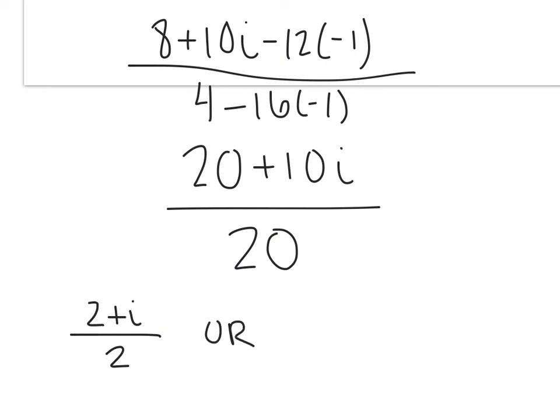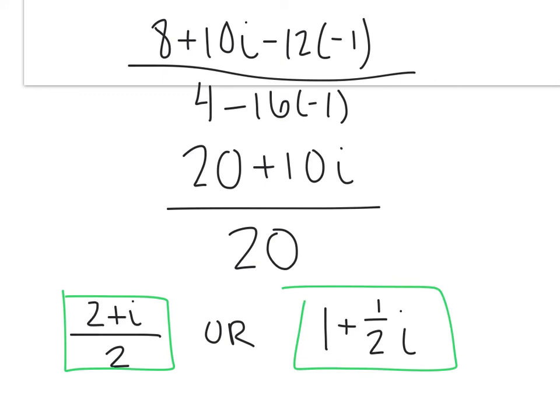Or 20 divided by 20 is 1, plus 10 and 20 simplify to give you 1/2 i. And so the book actually has it this way, but for me, I prefer it this way, but either one's fine with me. I would accept either one. As long as you know to simplify, I don't really care how you do.